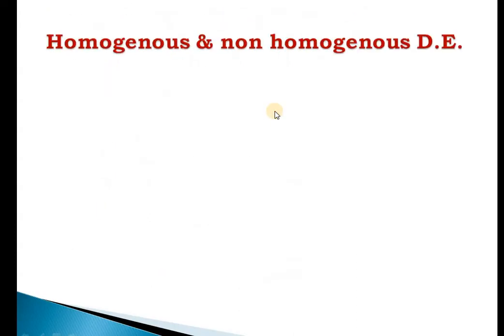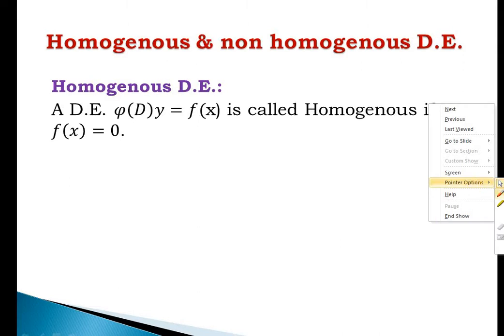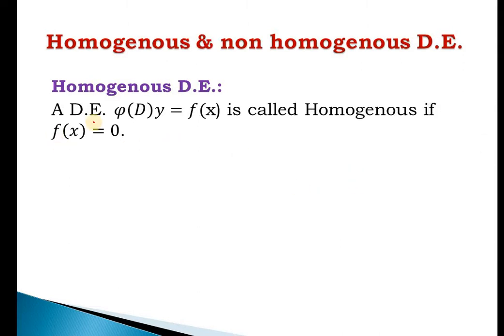So everybody can find the auxiliary equation from any given differential equation. Now we see homogeneous and non-homogeneous differential equations. If the differential equation is phi of D into y is equal to f of x, and if the RHS function is 0, it is known as homogeneous. For example, d2y by dx square plus dy by dx plus y is equal to 0.